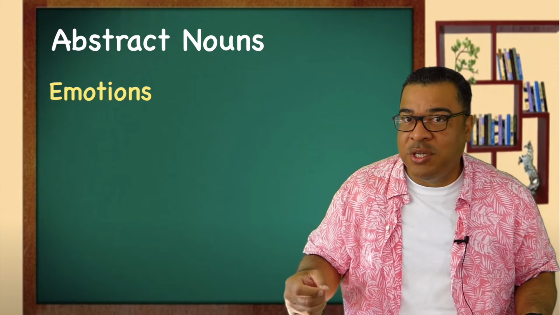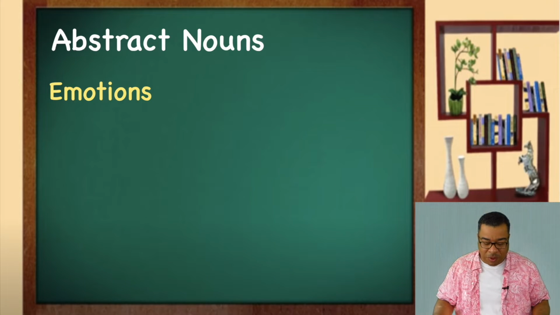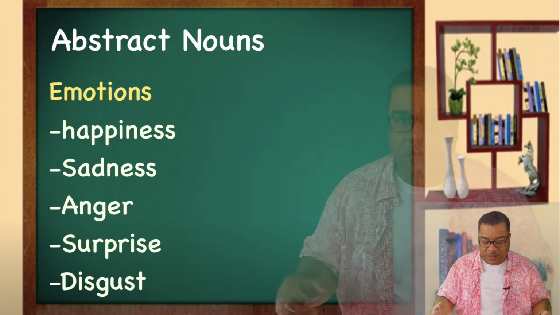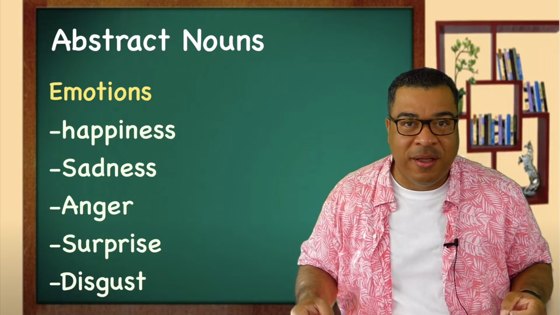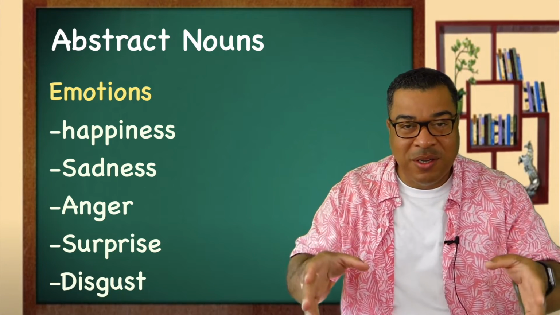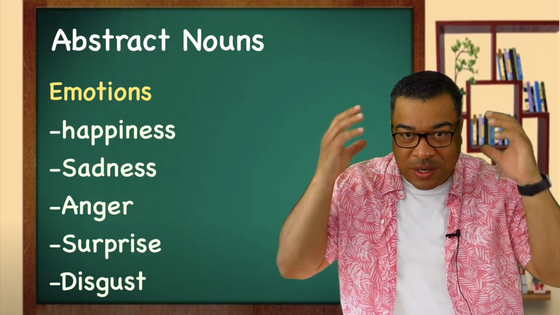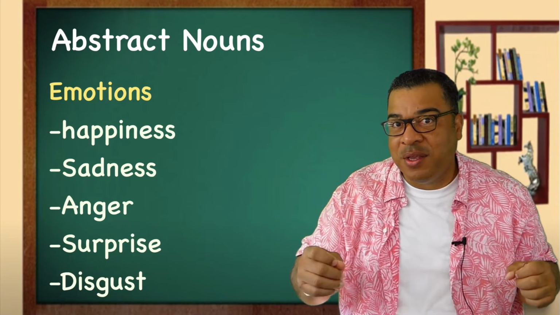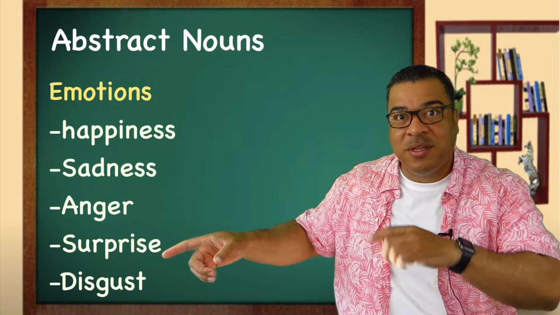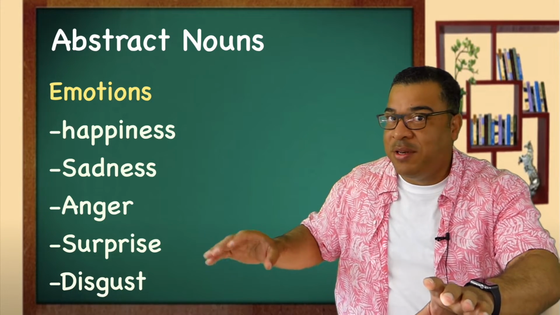So when you're judging emotions, you might think of words like happiness or sadness or anger or surprise or disgust. These are all abstract nouns because when you look at someone or something, you're judging in your mind that you think it's a certain way, but the next person who looks at the same thing might have a different opinion.